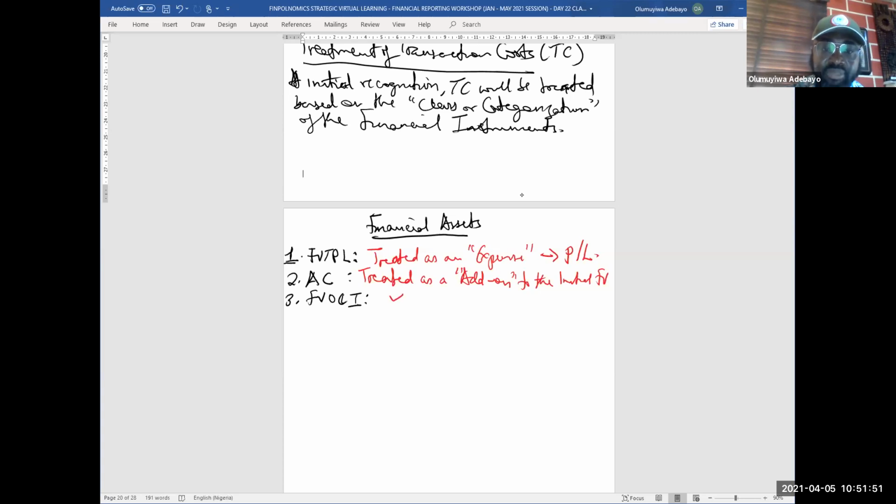Similarly, you do the same for the financial assets measured at fair value to other comprehensive income, which means such financial assets will have their transaction cost added to the purchase price or to their fair value, as the case may be.